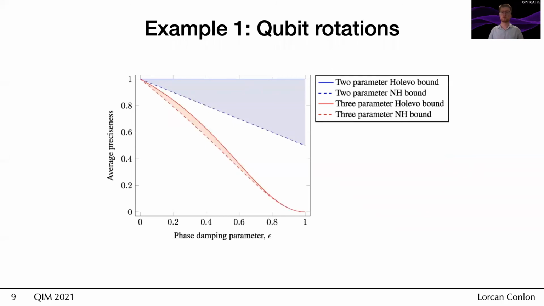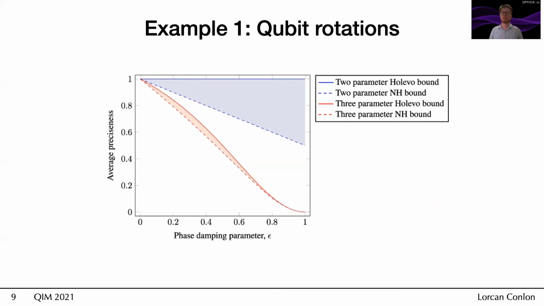In this figure, we show the Holevo and Nagaoka-Hayashi bounds for simultaneously estimating these rotations. The Holevo bounds are shown as solid lines, and the Nagaoka-Hayashi bounds are shown as dashed lines. For estimating a single parameter, the two bounds coincide. However, for estimating 2 or 3 parameters, the two bounds are different, and the shaded region corresponds to the gap between separable measurements and collective measurements.